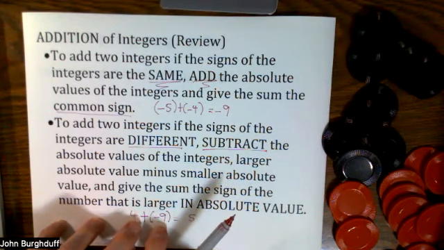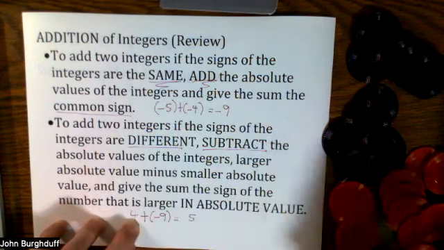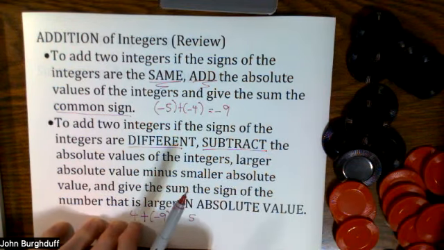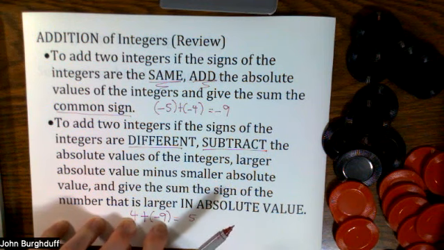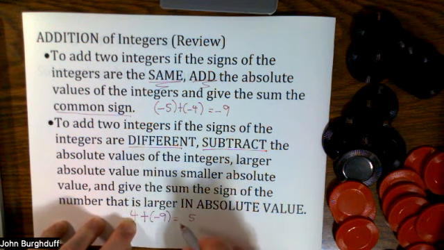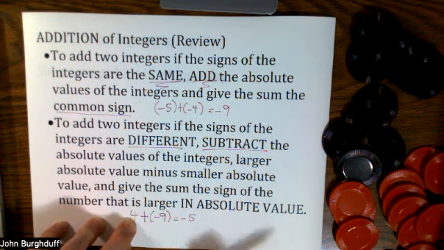If I look at just these two numbers, the larger number is the number that would be to the right on the number line. That's actually the 4. But the number that's larger in absolute value is -9. And you give the answer the sign of the number that's larger in absolute value. So the answer would be -5.